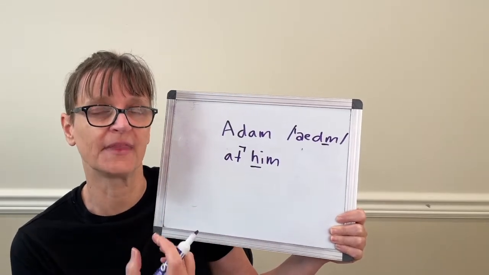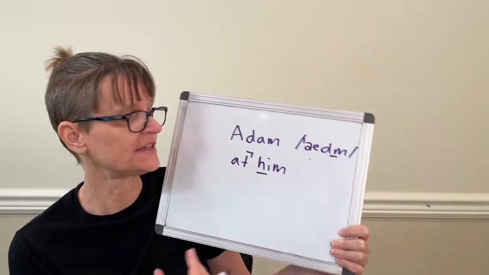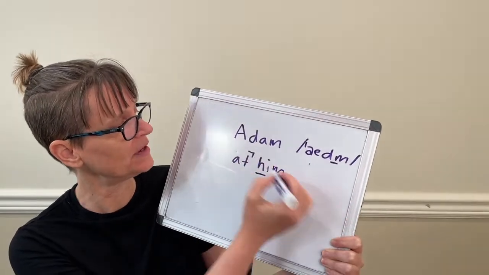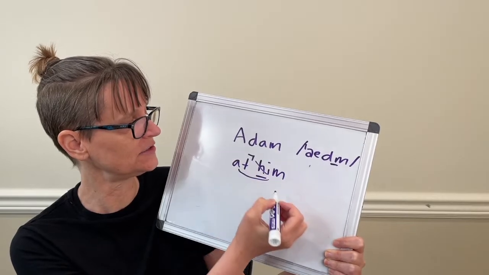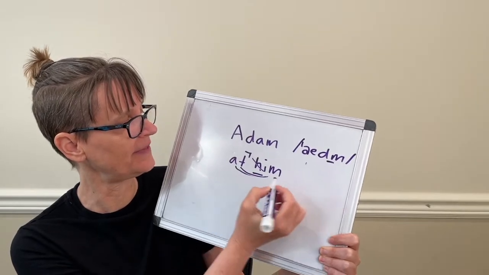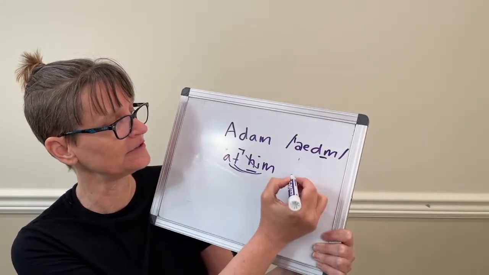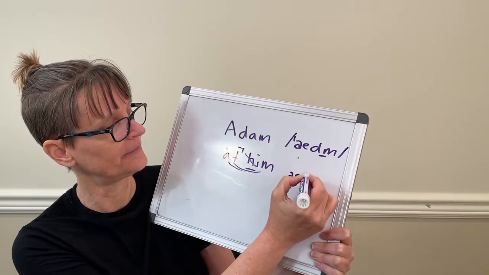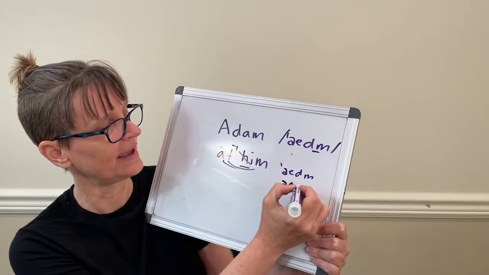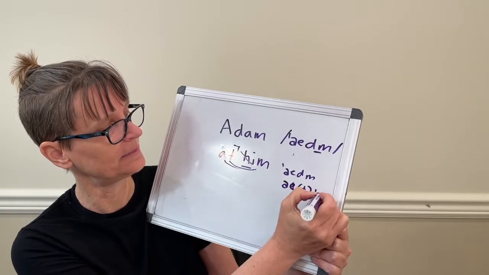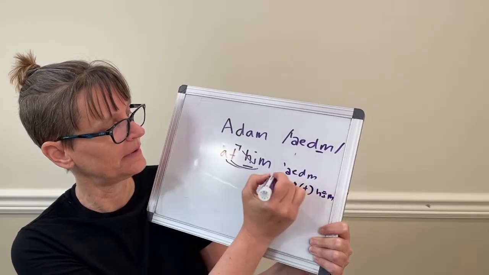I was looking at him, which is correct. People use that, but they also sometimes will drop this H and then that T links to the I sound, and then it does sound more like Adam. I was looking at him. So same thing. I was looking at him, or I was looking at him.